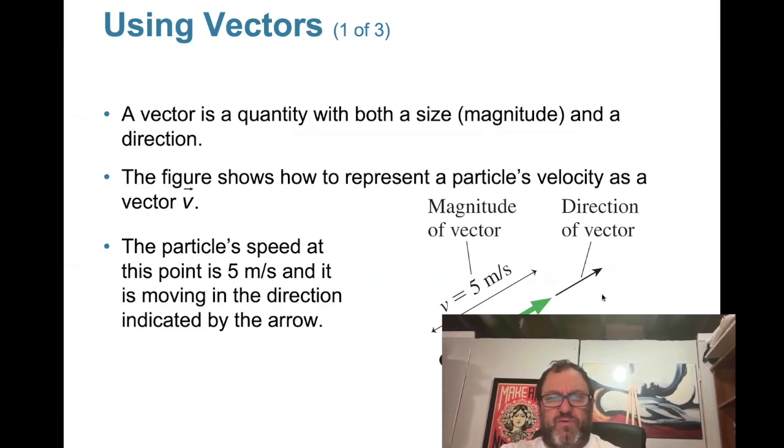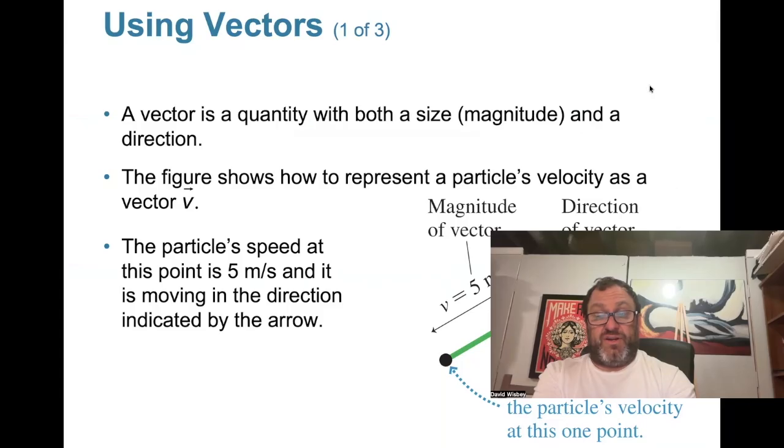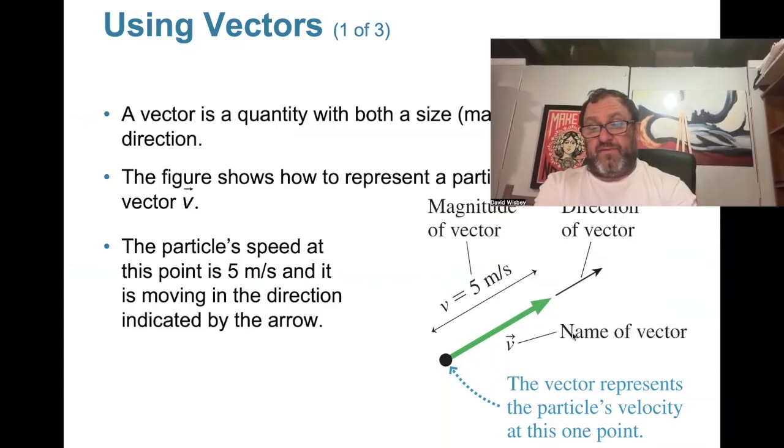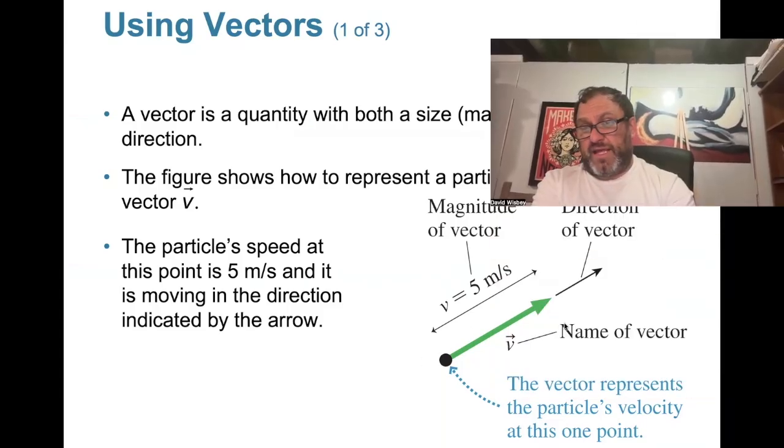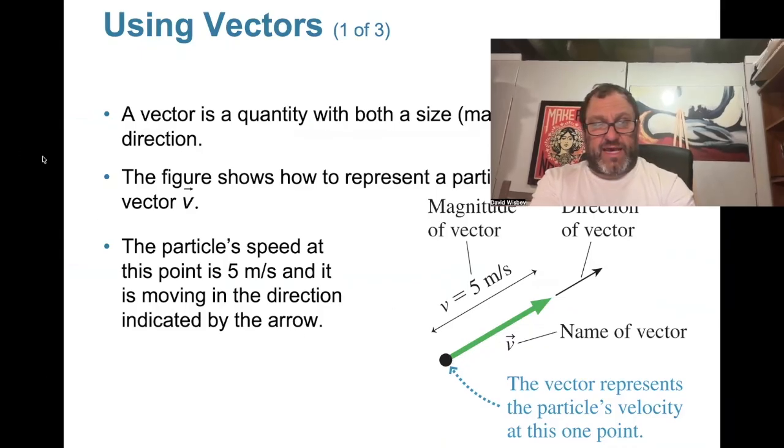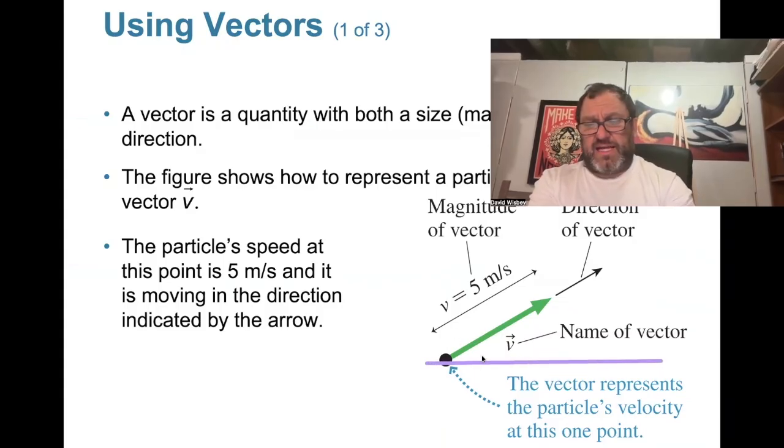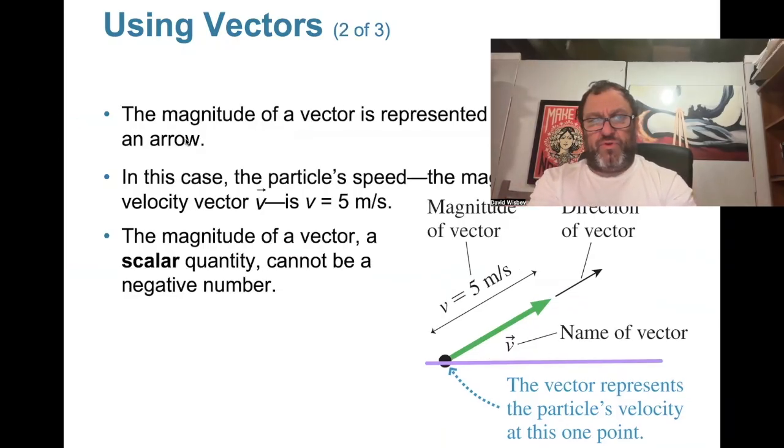Okay, a vector is a quantity with both size, magnitude, and direction. The magnitude is the length of the arrow, and the direction could be the angle here. So if it's from the horizontal axis, maybe here's your x-axis, then that's your angle. So there's a direction and a magnitude. They have both.